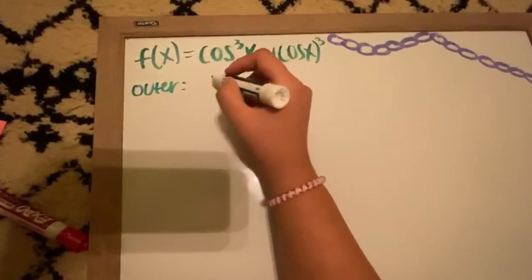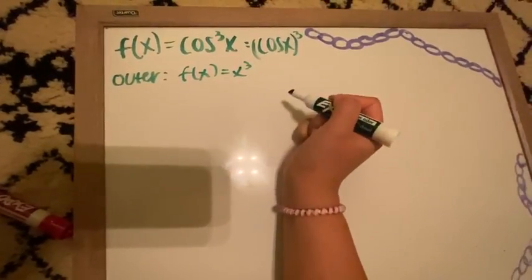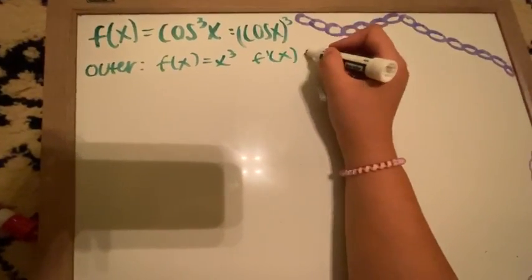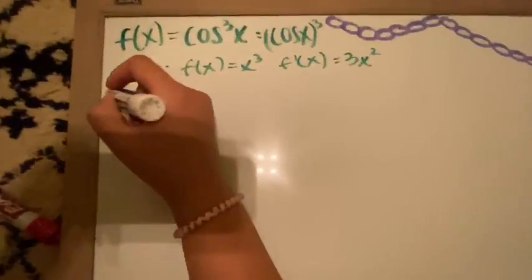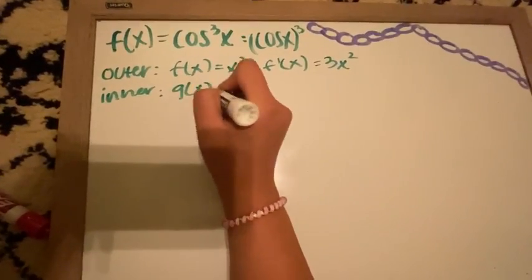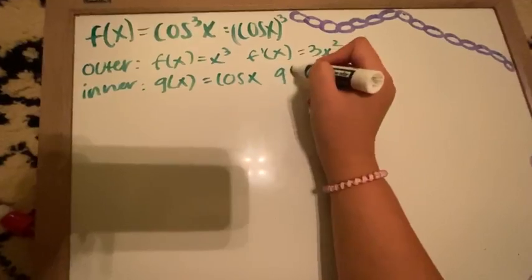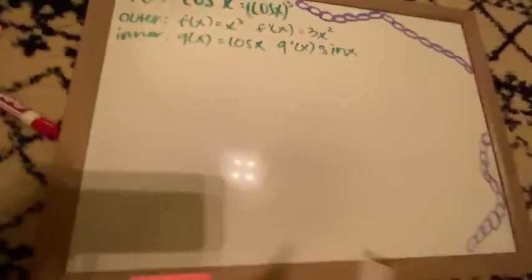Our outer is f of x is equal to x cubed, and the derivative of our outer is f prime of x is equal to 3x squared. Our inner is g of x is equal to cosine of x, and g prime of x is negative sine of x, because that's the derivative of cosine.